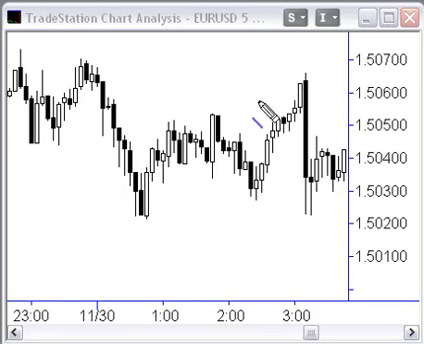So here we have the Euro US dollar. It's a 5-minute chart. And what we're looking at here, for example, is we could say, okay, here is a low, a high, a low. So it looks like we're in a downtrend now, but now we've got a high, a low.